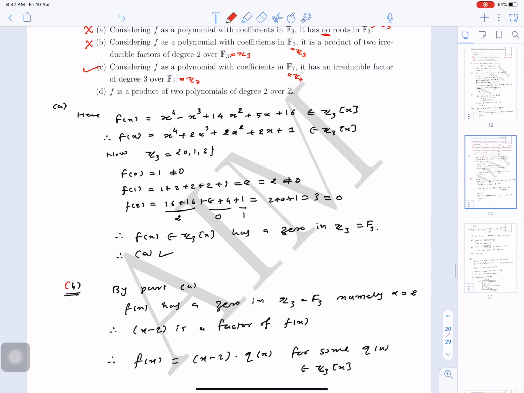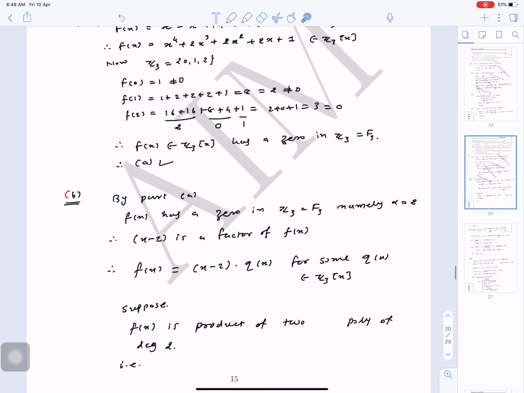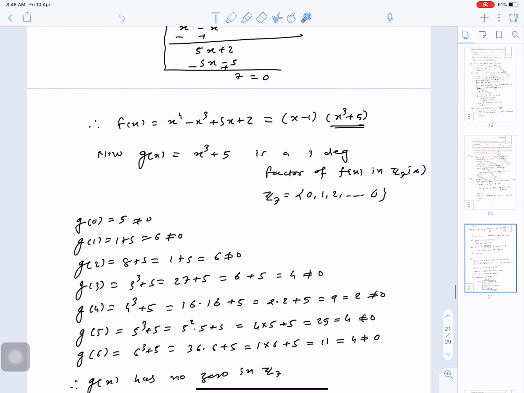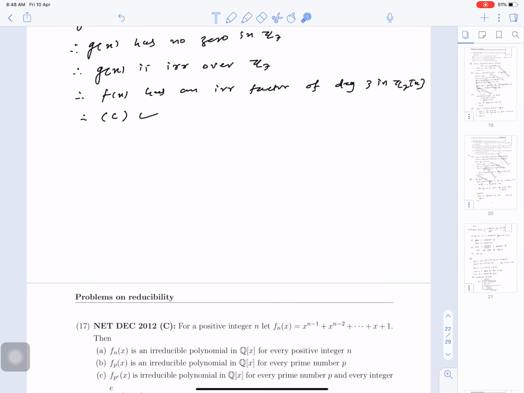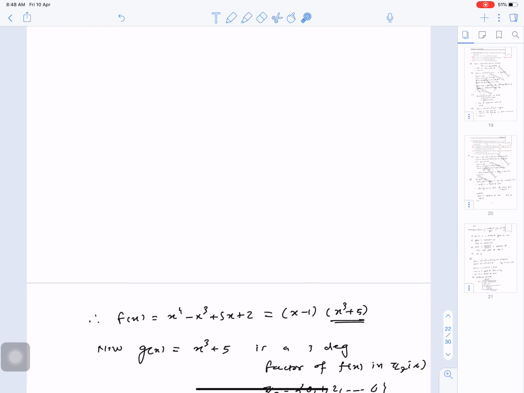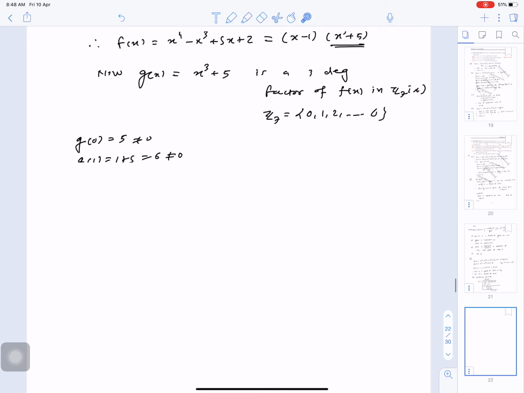Now, f is a product of two polynomials of degree 2 over Z. So from option C, so let me add one more page here.